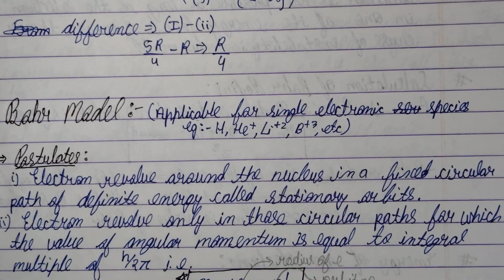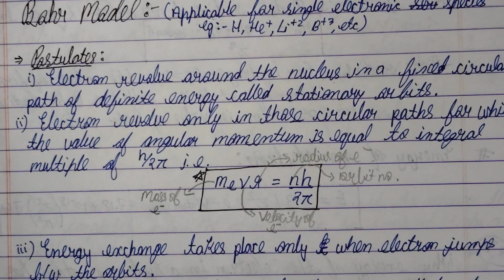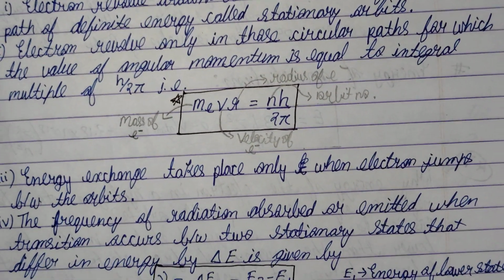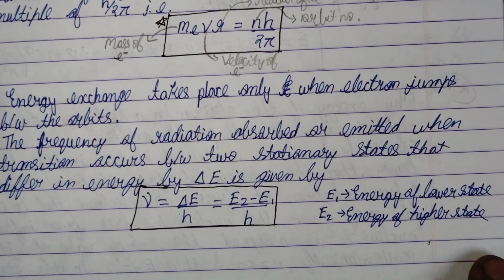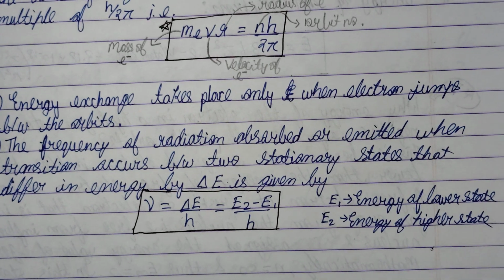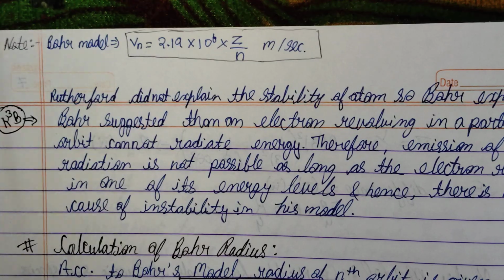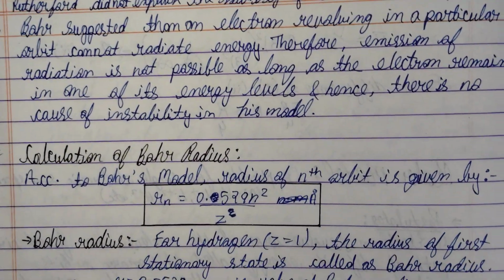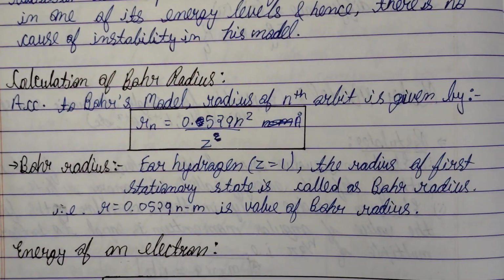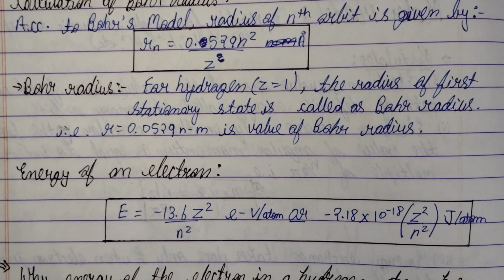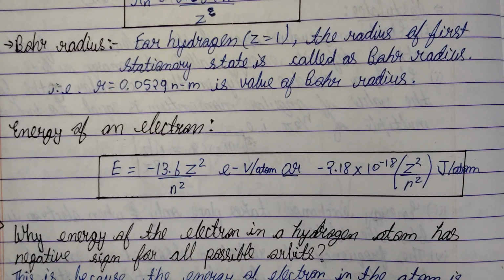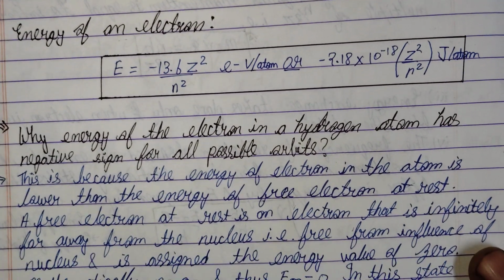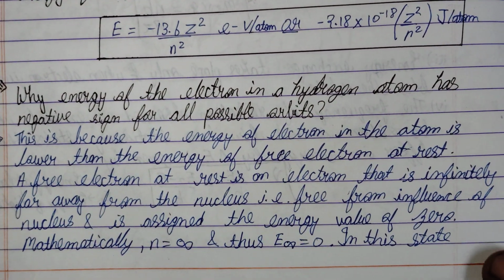Next is the important Bohr model, that we discussed later. There is the energy of electron formula.